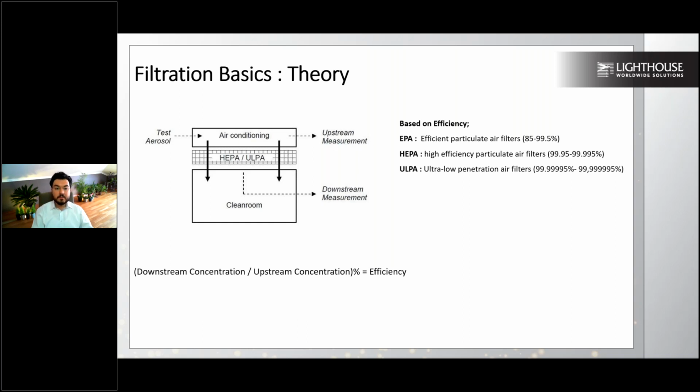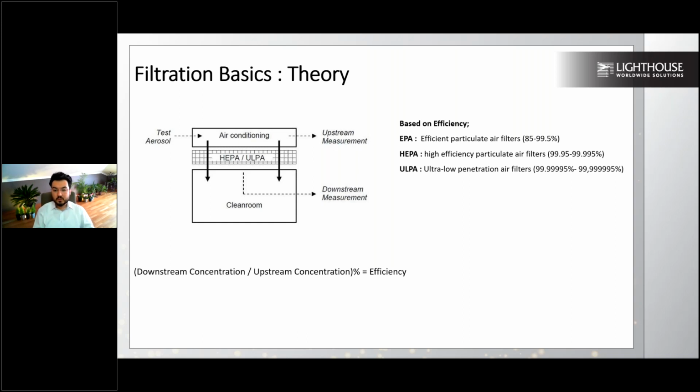That's why when the manufacturers are preparing filters, they are making a classification according to standards and regulations, which is EPA, efficient particulate air filters, with an efficiency value of around 85 up to 99.5%. And high efficiency filters, we know them as HEPA, high efficiency particulate air filters.